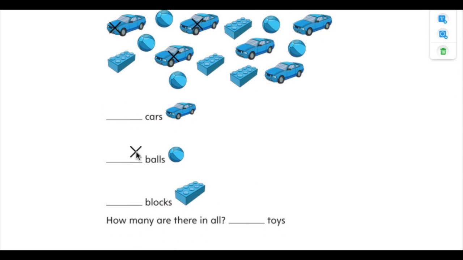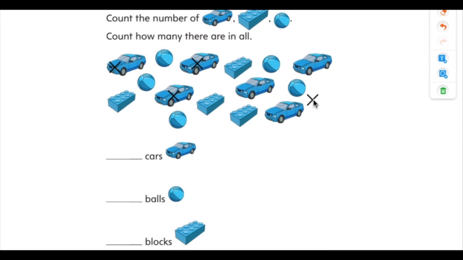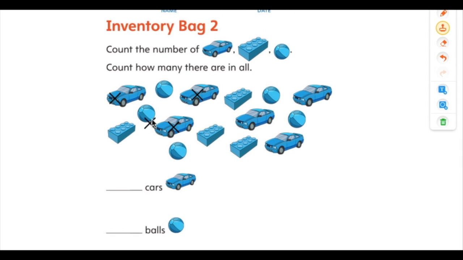Write your answers on the line, and then it asks how many toys are there in all. So then you're going to have to go back and count how many all together. Maybe you want to switch from using your X and use something else and mark right over it so you don't get tricked.